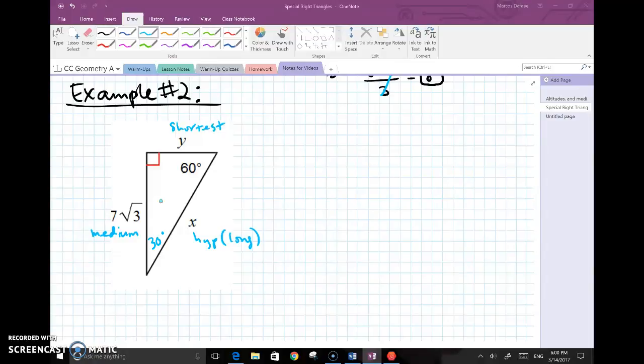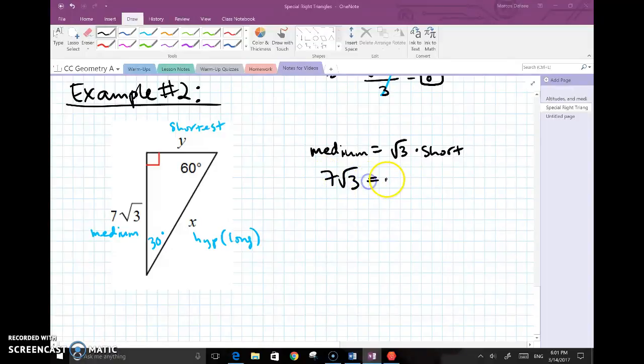So I need to start with my y. So I know that my medium is exactly radical 3 times the shortest side. So I'll replace the words with the things that I actually have from the drawing here. So my medium length is 7 radical 3. Radical 3 is still there, so I bring that down, and my shortest side is y.